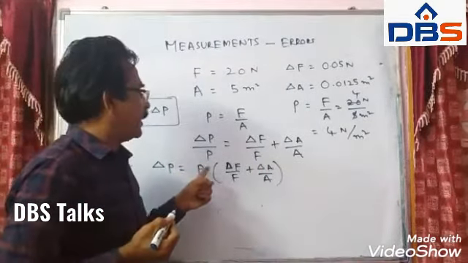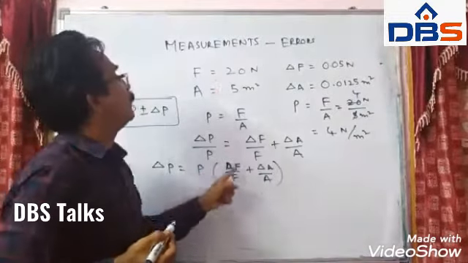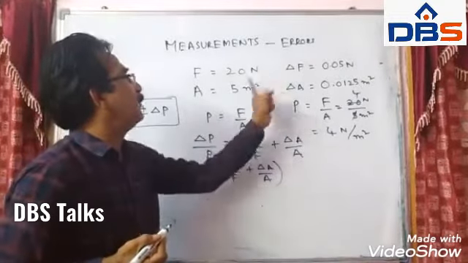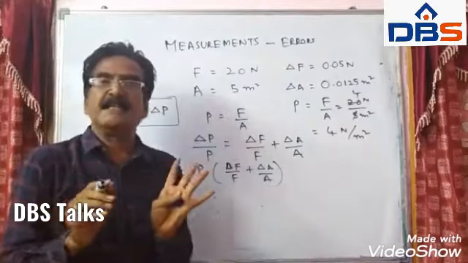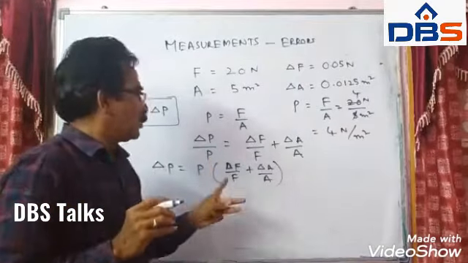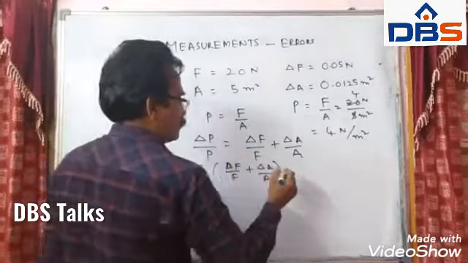We know P, delta F, delta A, and A. Everything is known, so let us simply substitute.